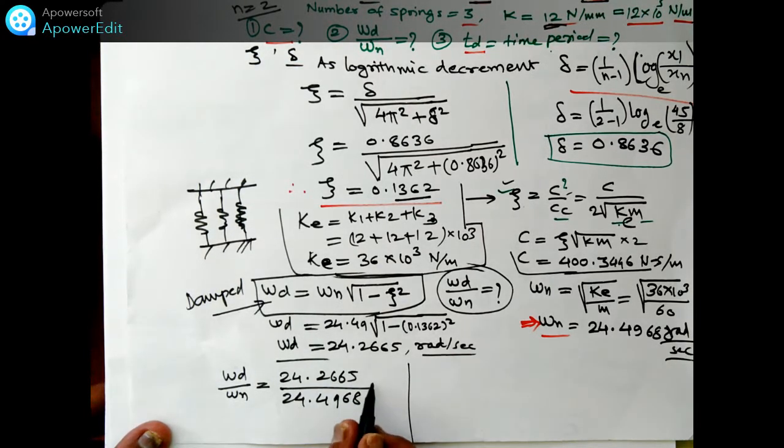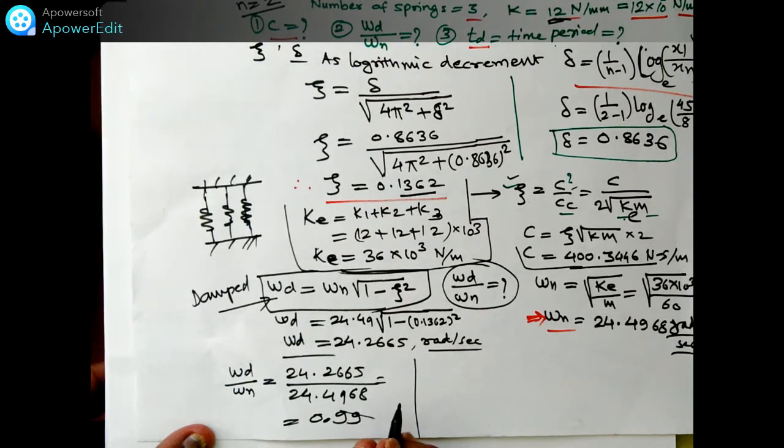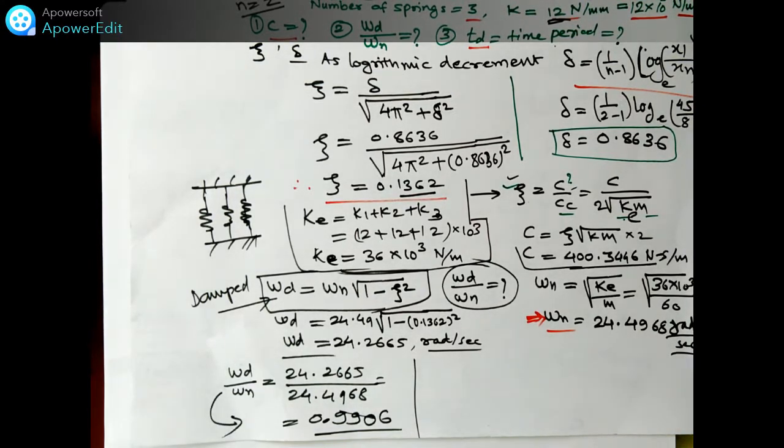This ratio becomes 0.9906. This is the ratio of the frequencies.